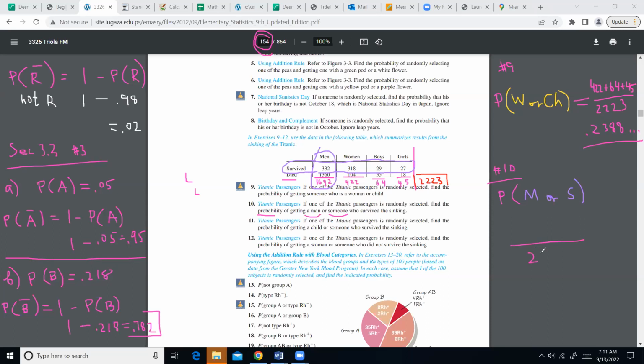We already know it's 2223. So now how can I go about these numbers? Well, looks like I'm gonna start with a probability of men, which is 332 and 1360. Or you're right, it could be 1692. And then you go with the other 3 more categories. And there are 318, and then for boys and for girls.